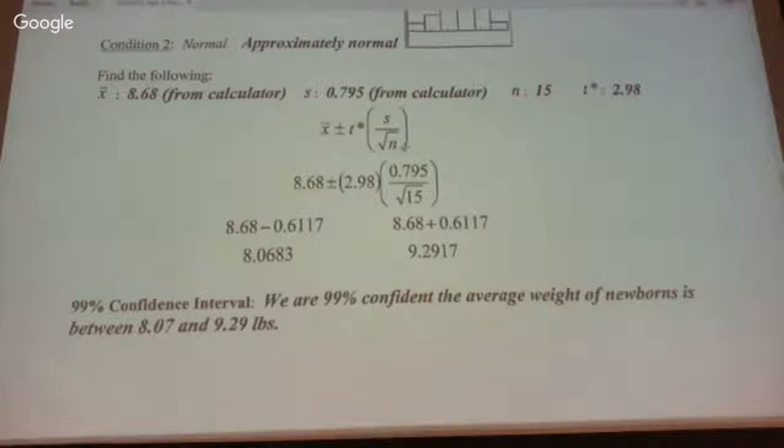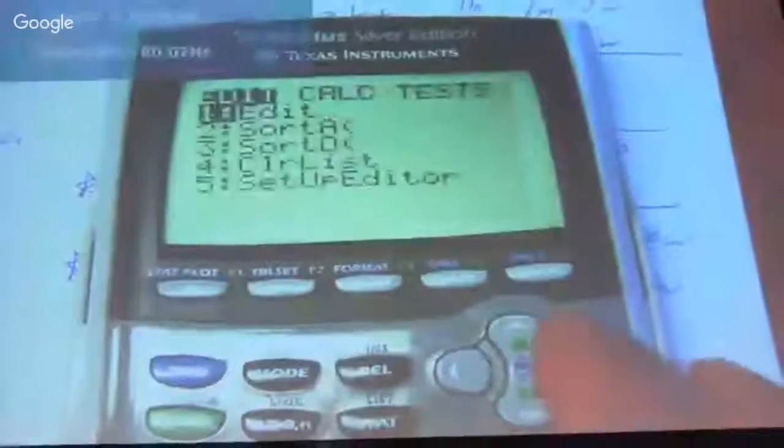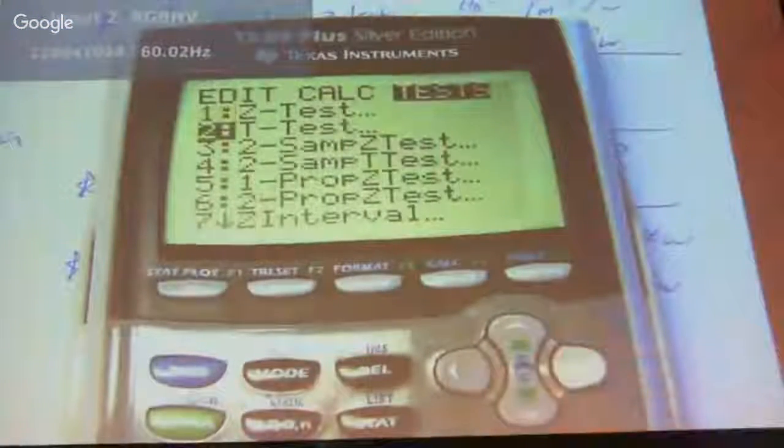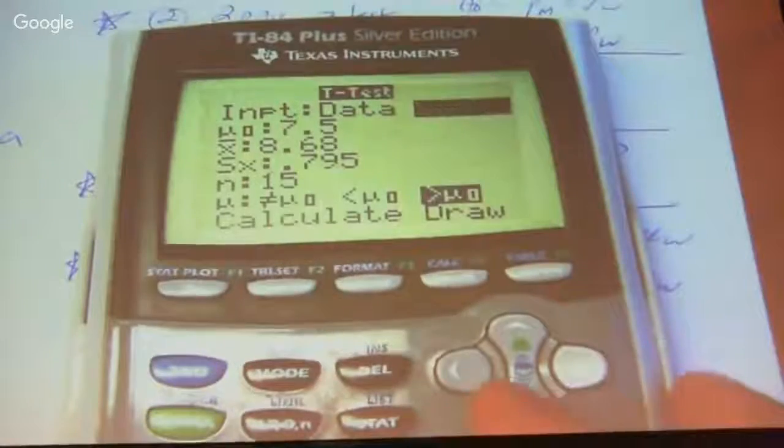And we can check it in the calculator. So if we do a t-test, what goes with a t-test? T-test goes with t interval. Okay, so go to your calculator. Stat, test, t-test. That's that one.